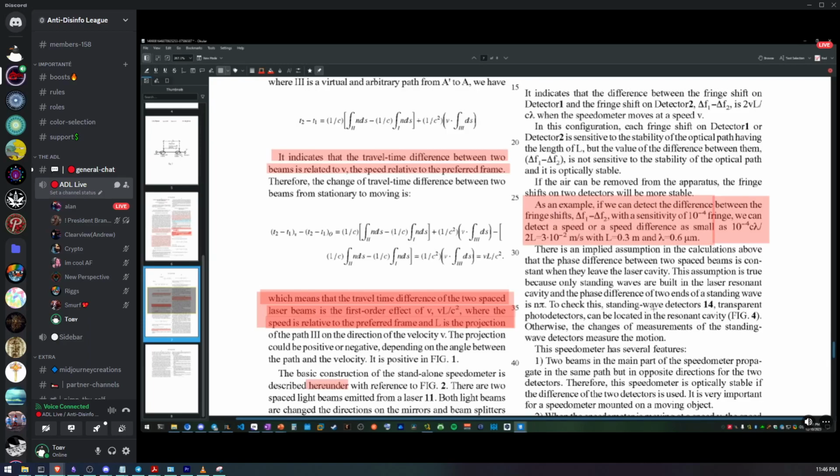So they're checking that phase is consistent when it comes out of there, right? Implied assumption: phase difference between the two spaced beams is constant when they leave.